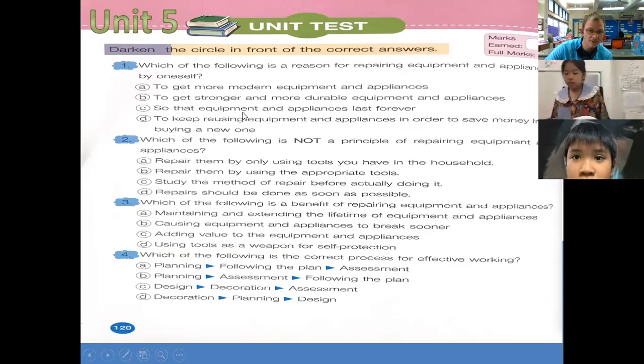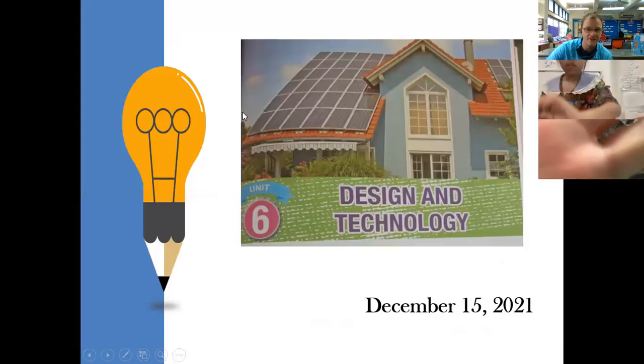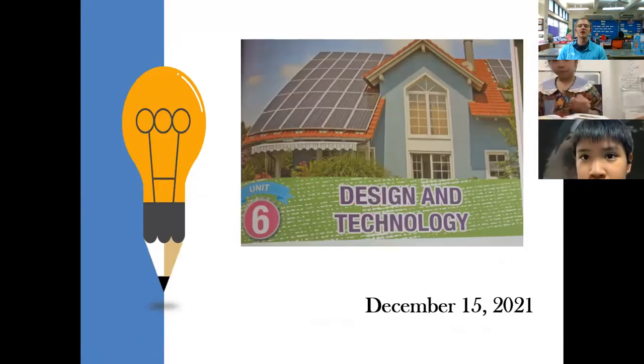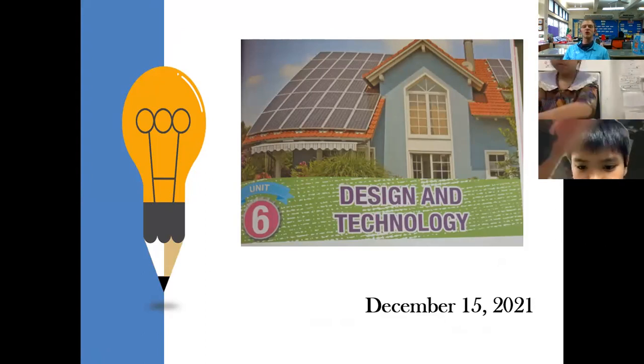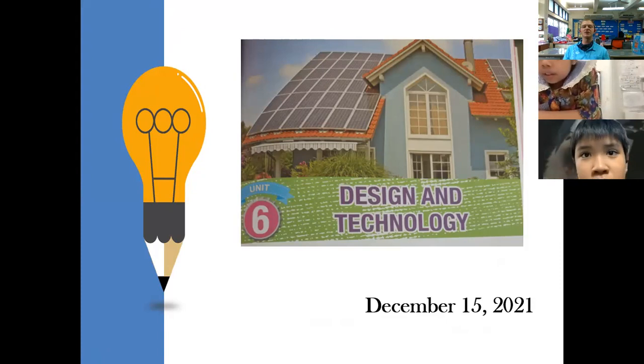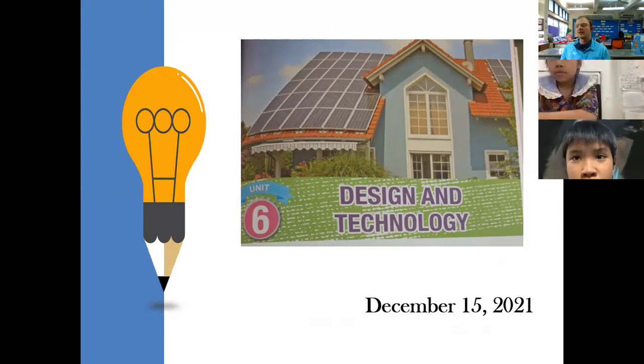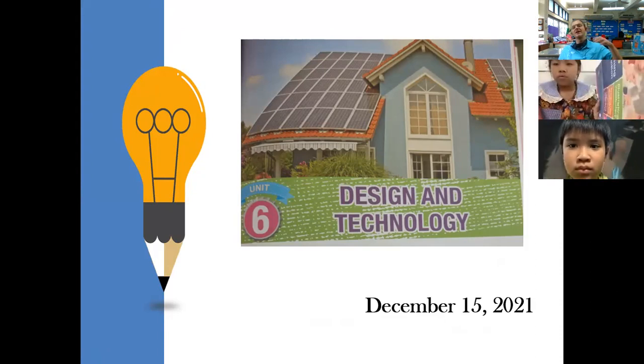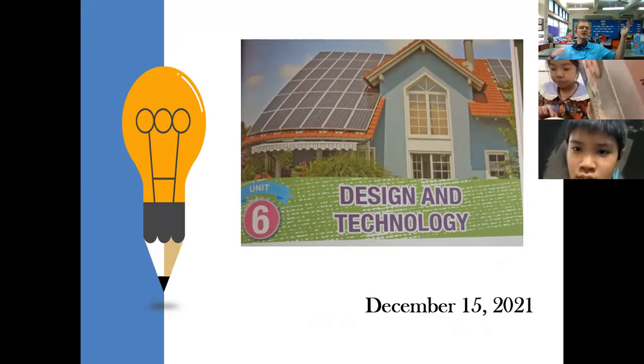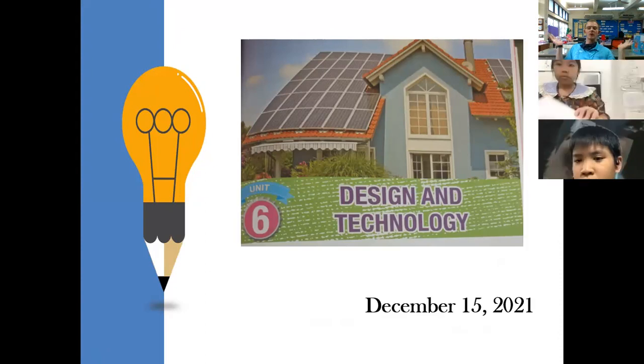But today, we are going to look at design and technology, unit number 6. I also prepared a nice video for us to watch, just to explain some of the differences between technology in the past and technology now.